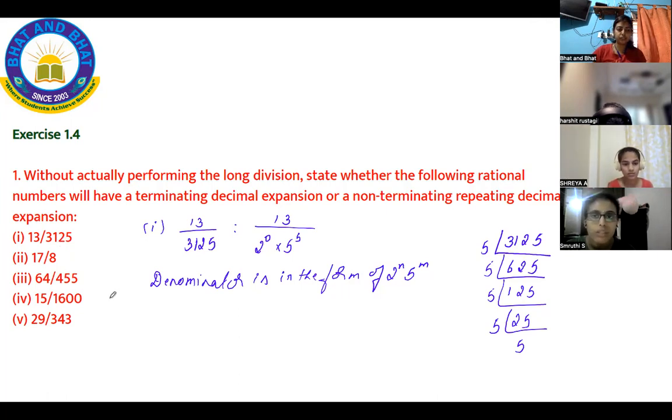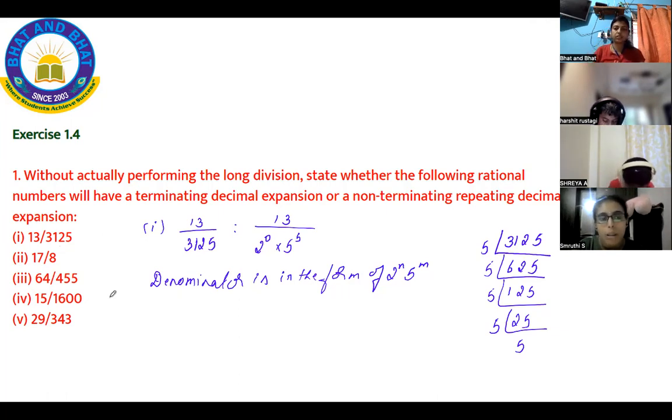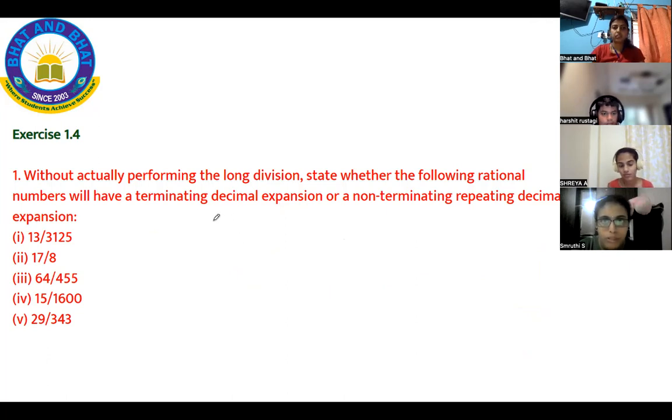Next, 64 by 455. Let us take the prime factors of 455. I'll erase the first question, whatever I've written. Okay. Now the third question, 64 divided by 455.